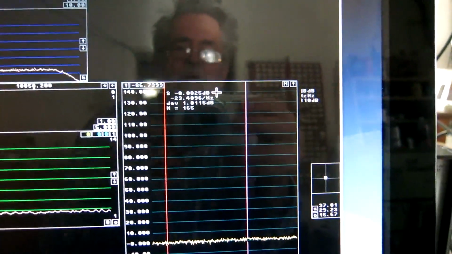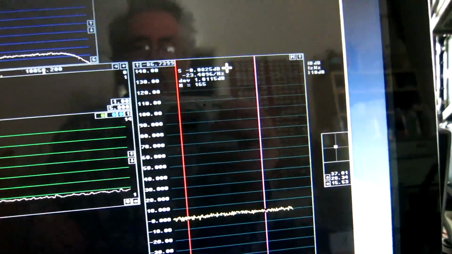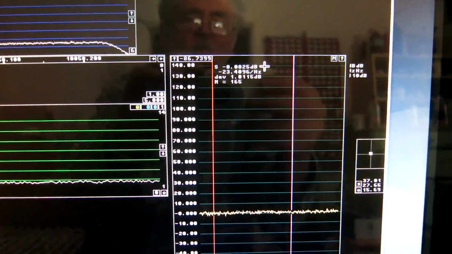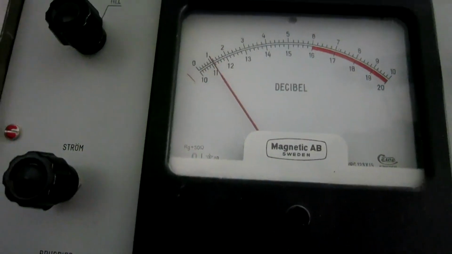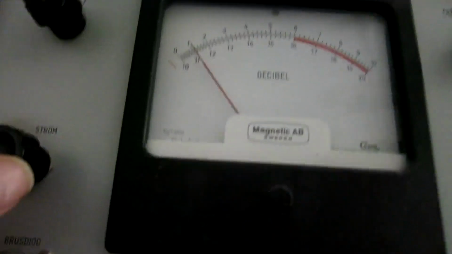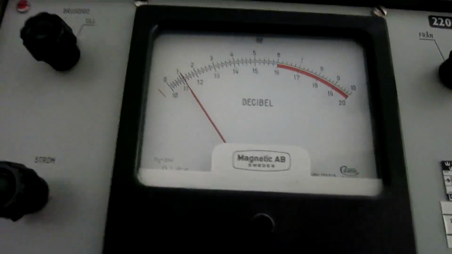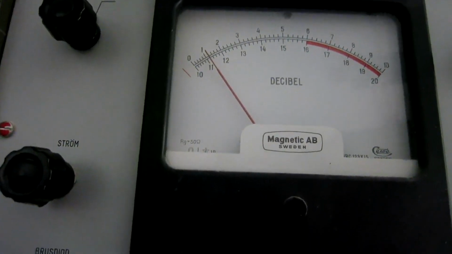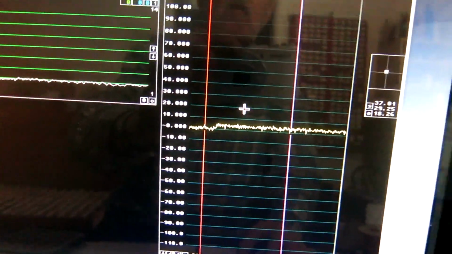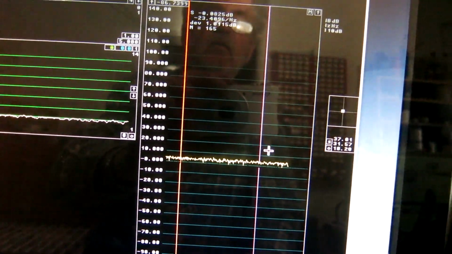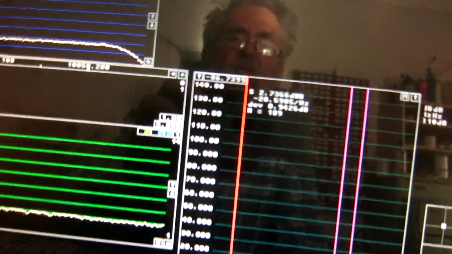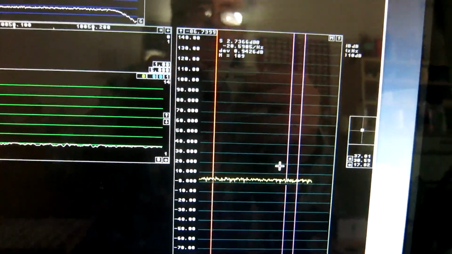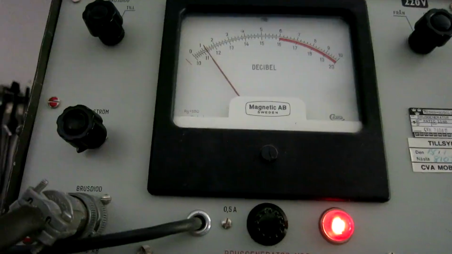The dummy load I'm using is the noise head of the noise figure meter, so I turn it on and I set it to 1 dB. It's not perfectly stable at these very low levels. And then I read what I see here. 2.7 means the noise figure is a little bit above 1 dB.